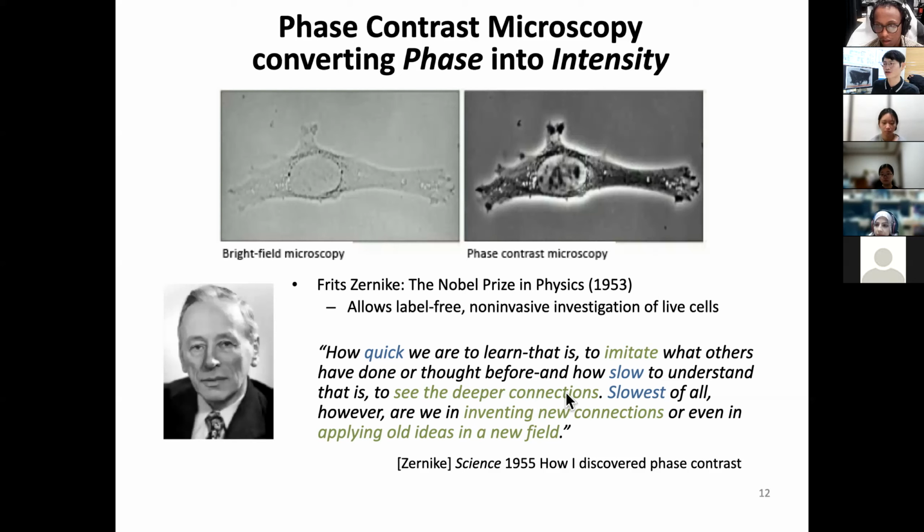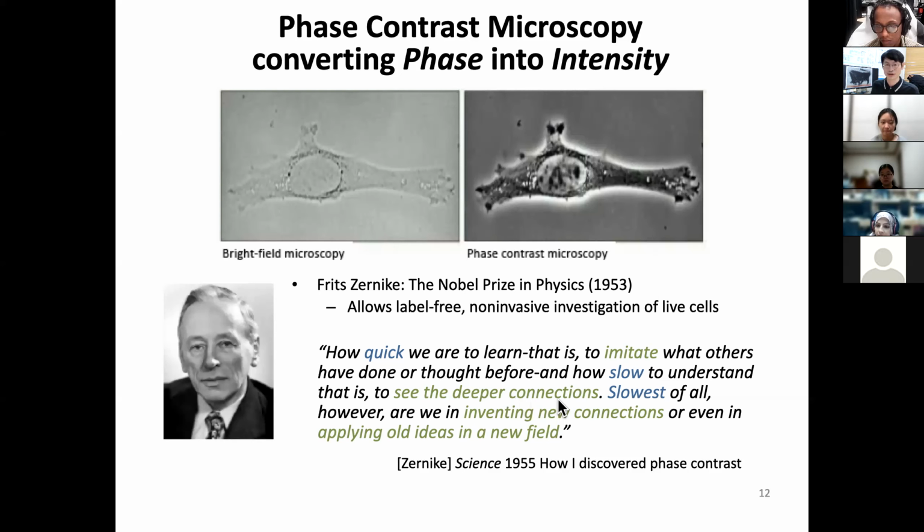Of course, when you are trying to make a publication for your graduation, but also for science and for fun, you always try to see the deeper connections. That's how to make your product shareable with the community and other people. But the slowest of all, in the end, is inventing new connections.